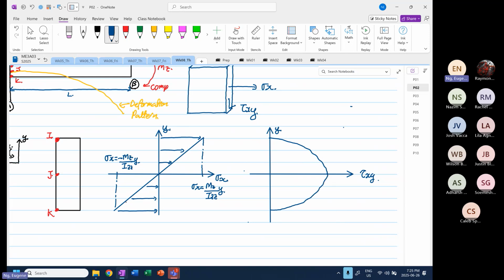This is the shear stress distribution, and I'm going to introduce you to the formula.